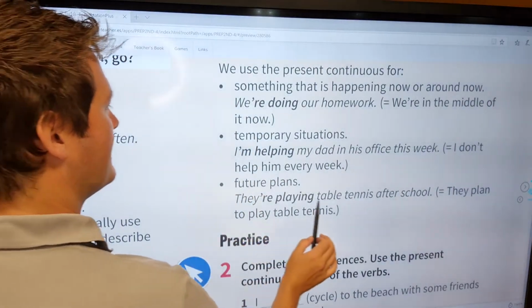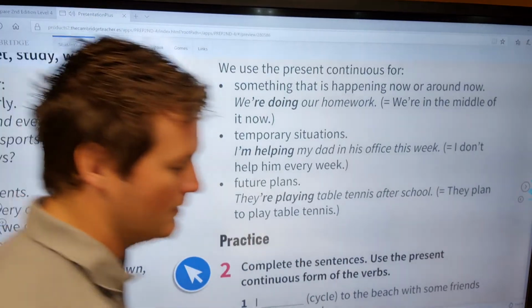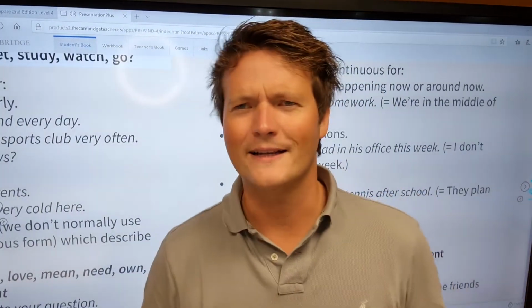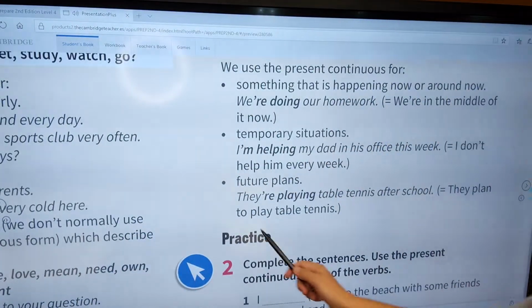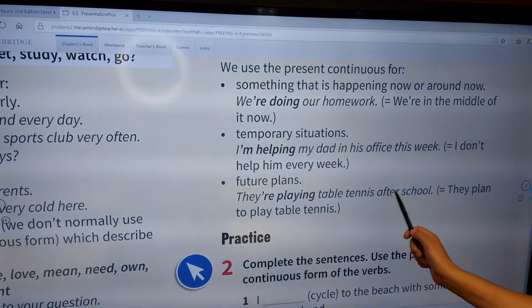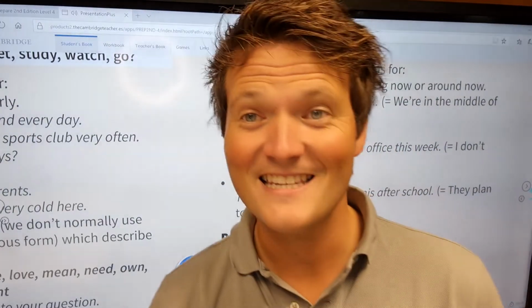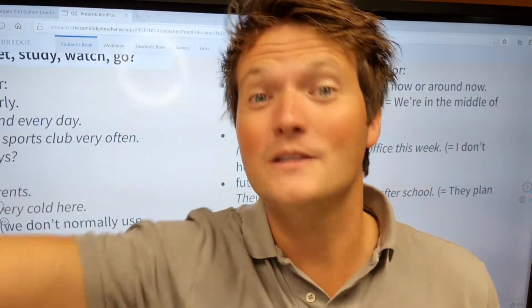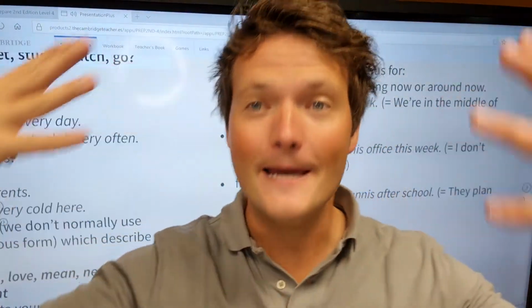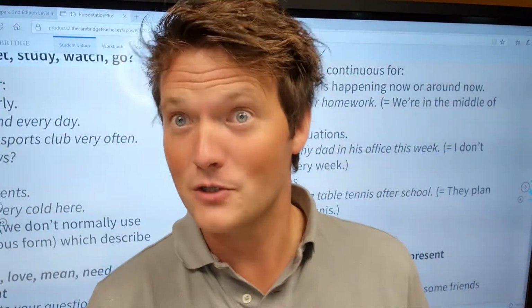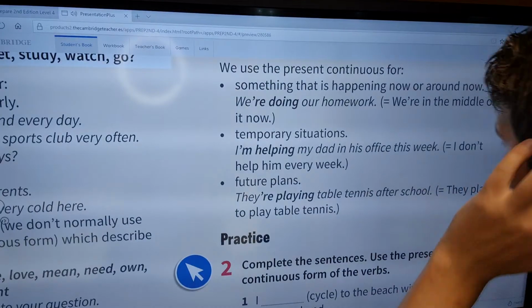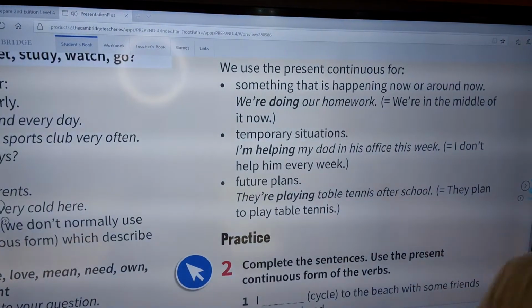"They are playing table tennis after school," and people will translate that as though it's happening right now. No, they are playing table tennis after school. It means that is what is going to happen later.